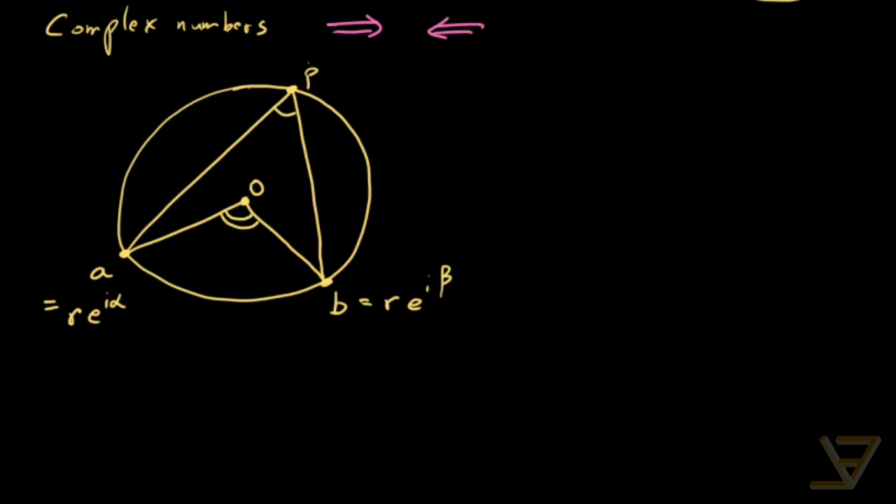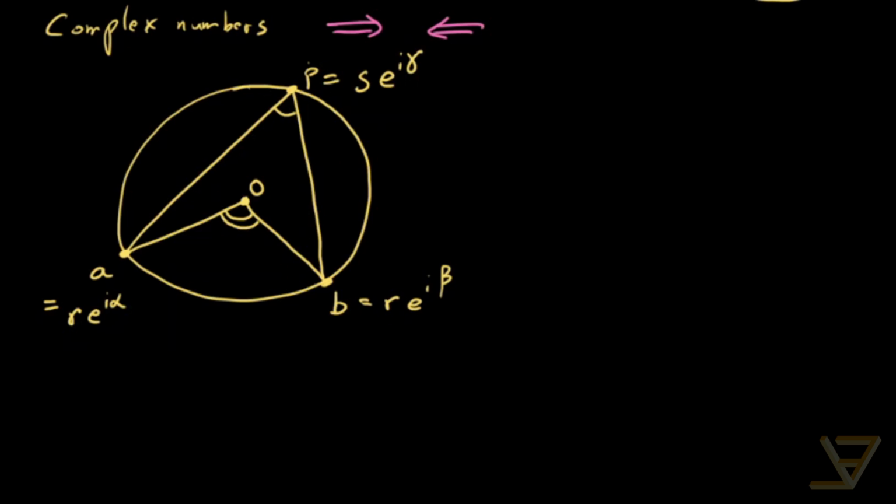And for P, since we are in one direction going to be proving that it lies on the circle, we're going to say that the distance from the center is s, but eventually we'll show that it's equal to r, and the angle is gamma. So those are our complex numbers.